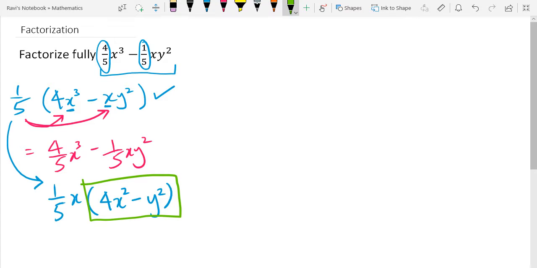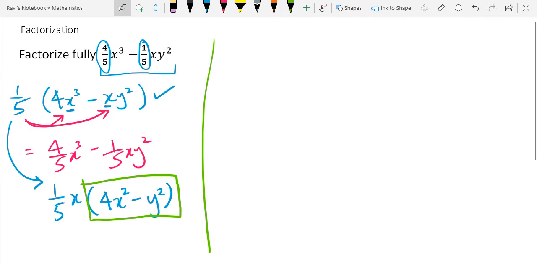Let's review some of the mathematical shortcuts that we have seen before. We know that if I have a squared minus b squared, I will get a plus b and a minus b. If again you're confused, just do your step of expansion.